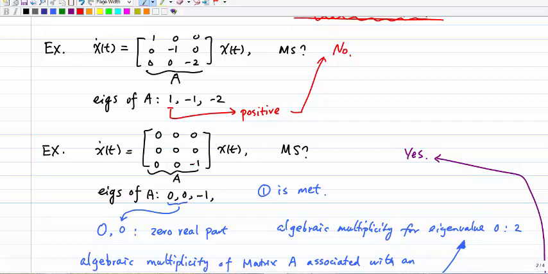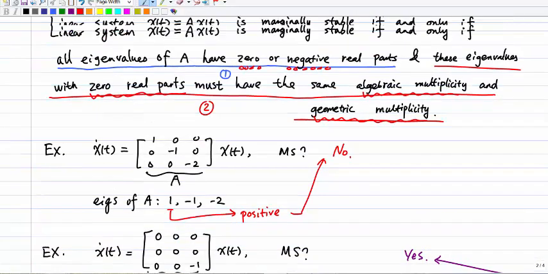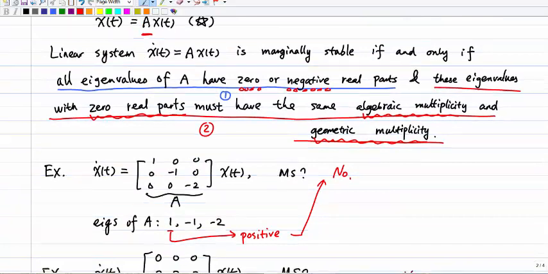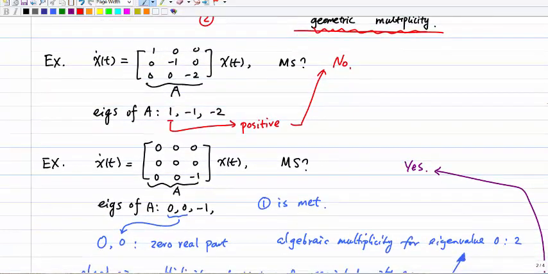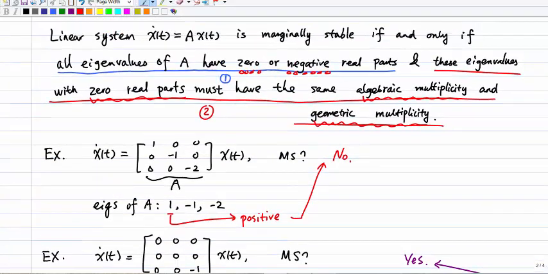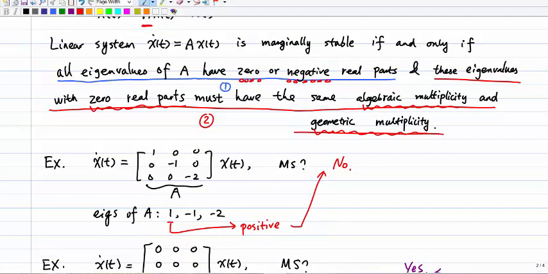Three eigenvalues. According to the first condition, all the eigenvalues of A must have 0 or negative real parts. We have 0, 0, negative 1, so the first condition is met. Now let's move to the second condition. Those eigenvalues with 0 real parts must have the same algebraic multiplicity and geometric multiplicity.